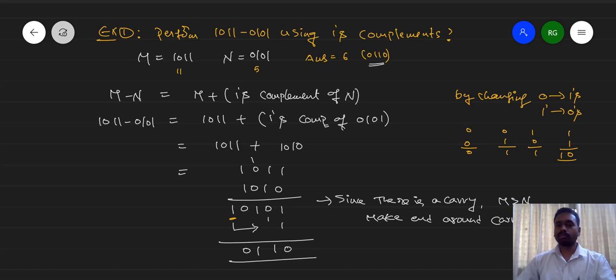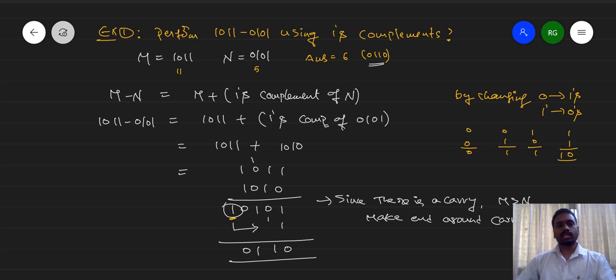Since there is a carry, m is greater than n. If a carry is generated, we do end around carry. End around carry is nothing but adding the carry to the sum again. This is how we perform subtraction using ones complement for binary numbers.